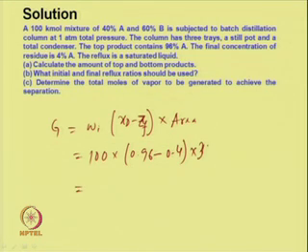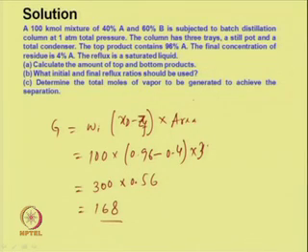So, it would be equal to 300 multiplied by 0.56, which is equal to 168. So, this way we can determine the total moles of vapor generated to achieve this separation, the initial and final reflux ratio, and the amount of top and bottom products.